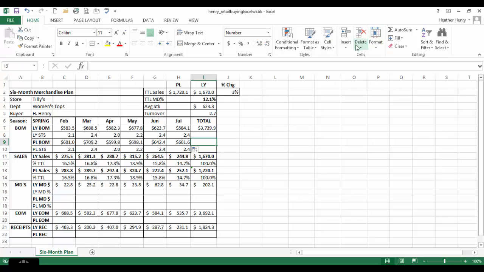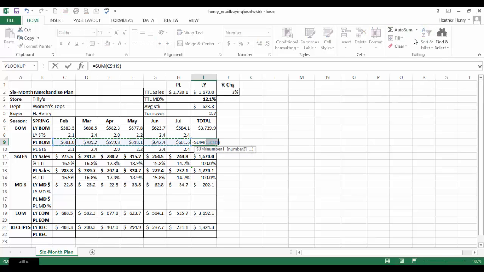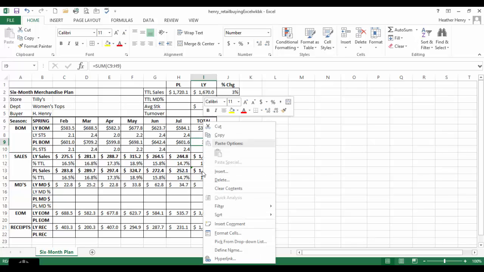Now that we've applied that relationship, we can also look at the totals, and let's format this as well.